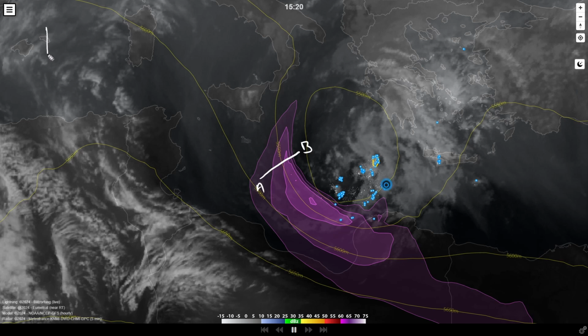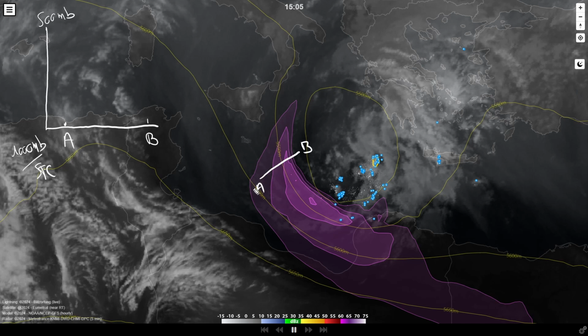And if we draw our cross-section, for example, this is the 500 millibar height. This is 1000 millibar here at the surface, okay? And we separate these points here, A and B. Let's talk about it again.